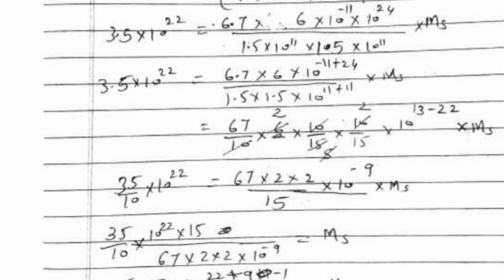So I will write in the numerator 10 and denominator 15 for this. Similarly here also, as 1.5 is the denominator, it will be 10 upon 15. Correct? So we will finally have 67 upon 10 into 6 into 10 raised to 15 into 10 raised to 15 into 10 raised to 13 minus 22, which is minus 9. So this 10 raised to minus 9 has come easily.